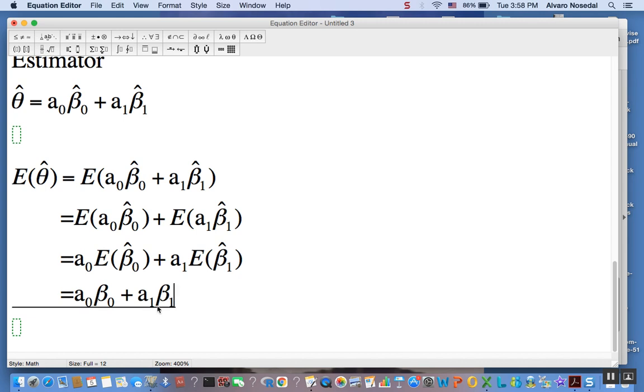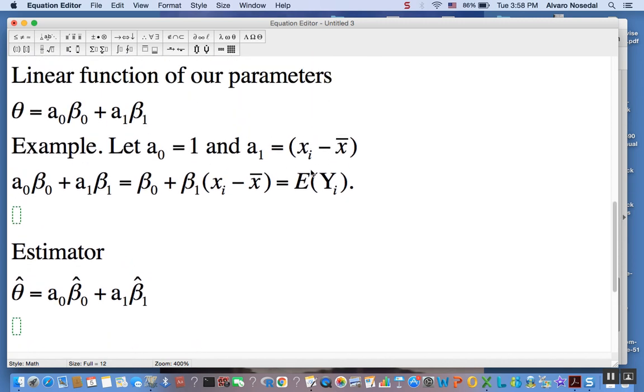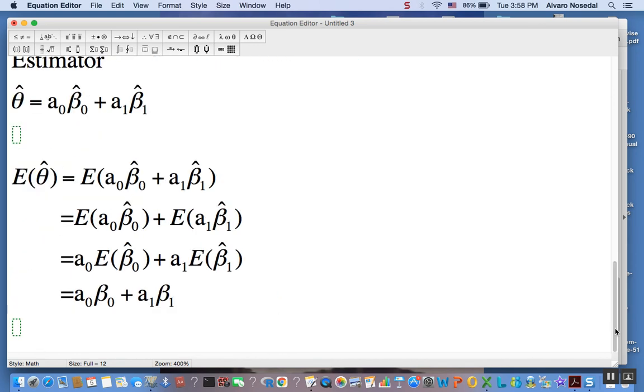But guess what? A0 times beta 0 plus A1 times beta 1, that happens to be your target, theta. So the expected value of theta hat is theta.